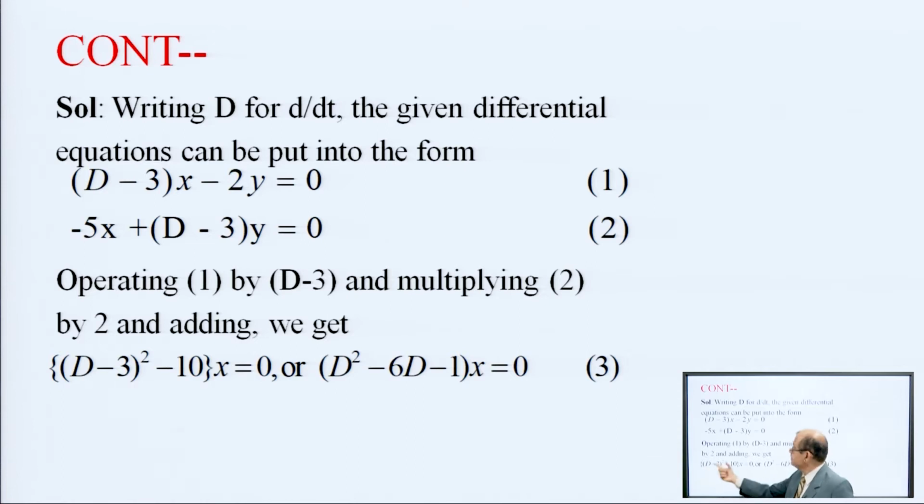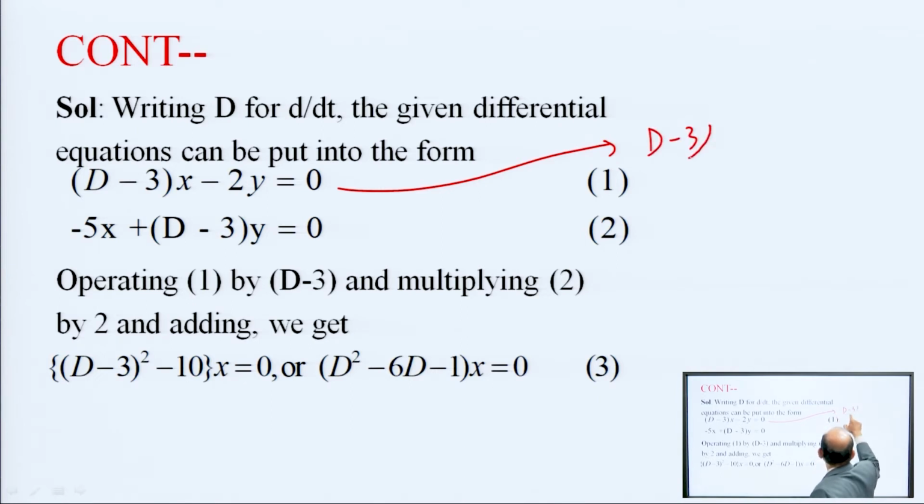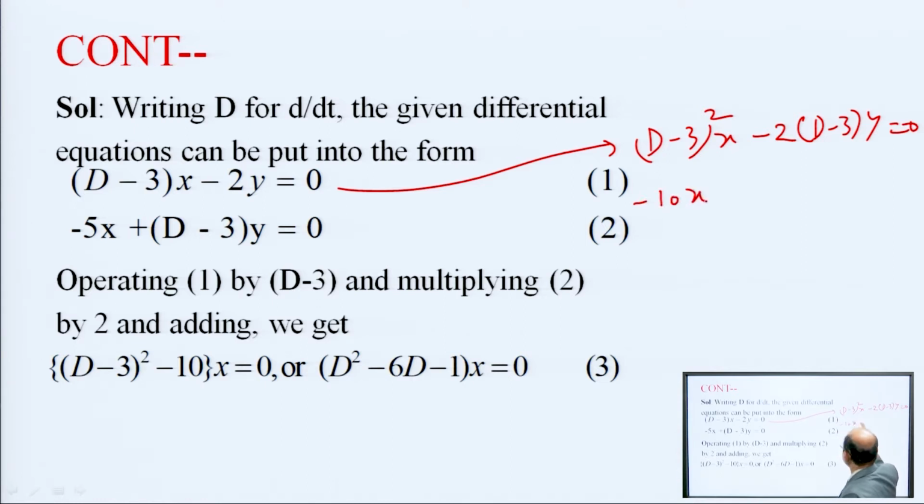We will get here the first equation: D minus 3 whole square x minus 2 into D minus 3 y is equal to 0, and minus 10 x plus 2 D minus 3 y is equal to 0.